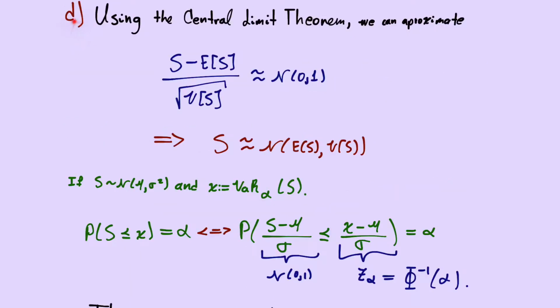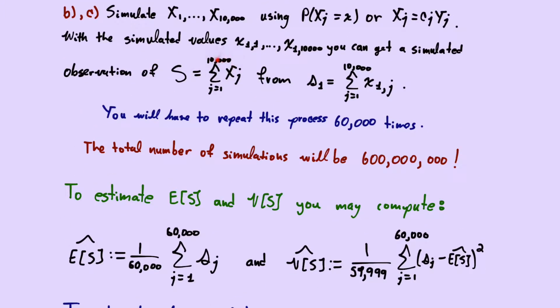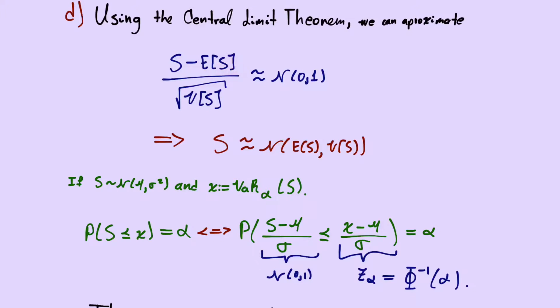That would be for item D of the homework exercise. And remember that if we use the central limit theorem, we can approximate this random variable, S minus the expectation of S divided by the square root of the variance of S, the standard deviation of S. The central limit theorem says that this random variable, when n is the number of independent random variables in a sum and n tends to infinity, tends to a normal distribution with parameters 0 and 1.